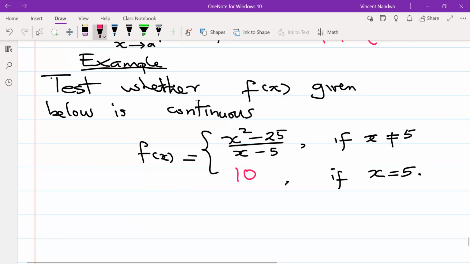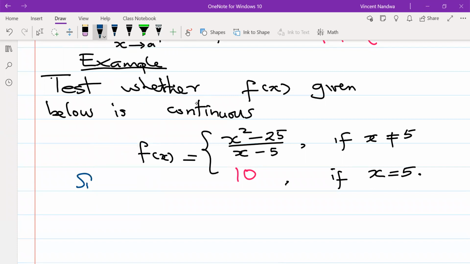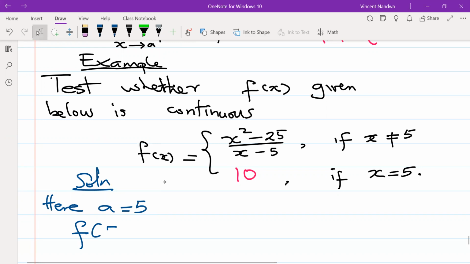Good. So the first step: what is the point of reference here, the a that is being said in the definition? a is 5. 5 is the point of reference. Now, what is f at 5?